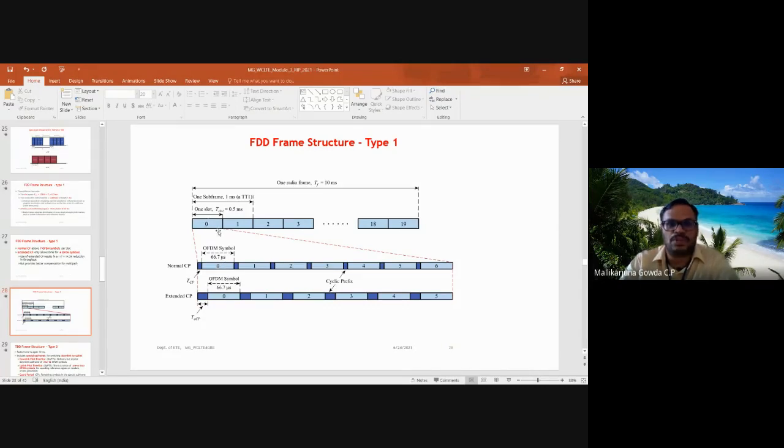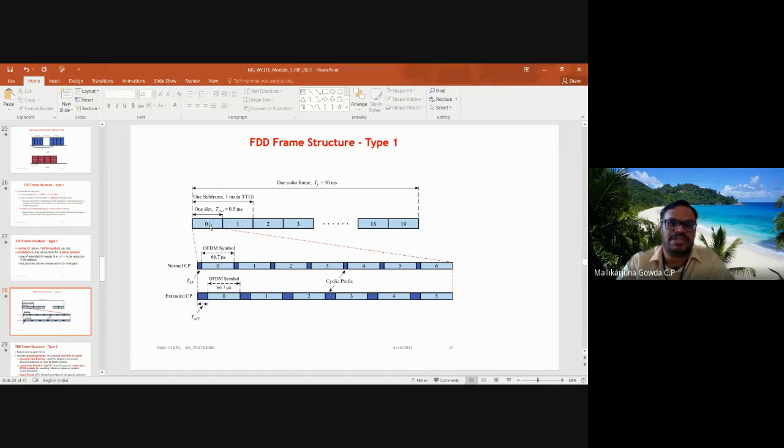So one slot will have how many OFDM symbols? Looking at this diagram, 0 to 6 means 7 OFDM symbols, so 7 OFDM symbols will be equal to one slot.